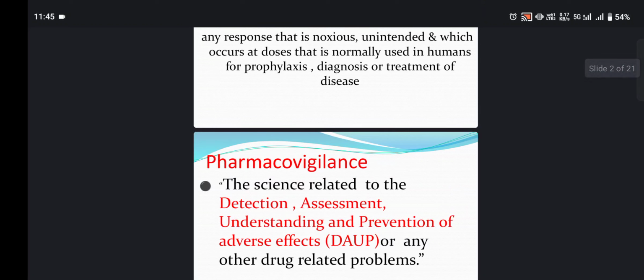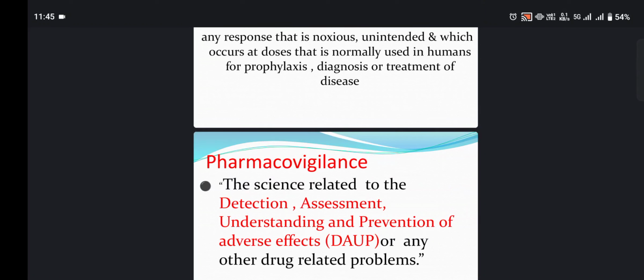In a clinic, a hospital, or a healthcare setup, there is a department which deals with drug related problems. That department, or that wing, is known as pharmacovigilance.